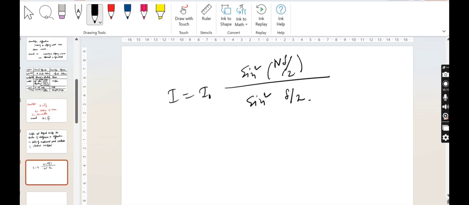And here delta is basically kd sine theta. D is the distance between the oscillators.